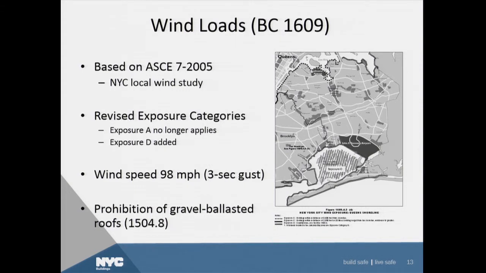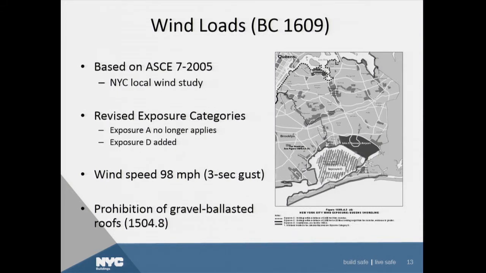And one thing that we as a department felt more appropriate to present here, but it's not exactly in Chapter 16, it's in Chapter 15, but it's a wind-based structural enhancement to safety, is the prohibition of gravel ballasted roofs going forward. This is an enhancement that we're getting as part of our adoption of the IBC text.